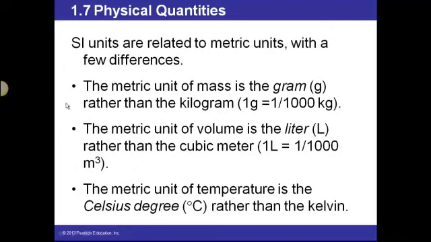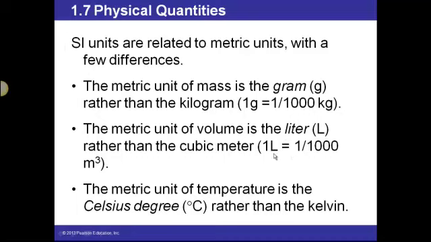So the metric unit of mass then is the gram rather than the kilogram. So they're related to the metric units with a few differences. The metric unit for volume is also called the liter rather than the cubic meter, which is the definition for the SI units.